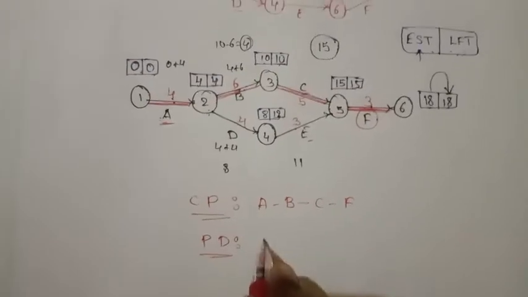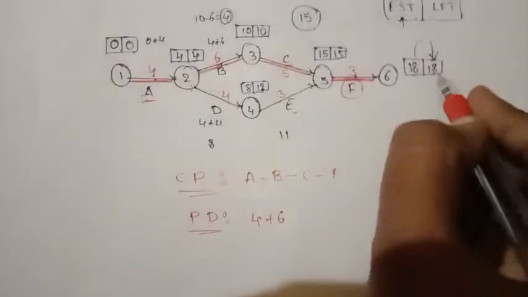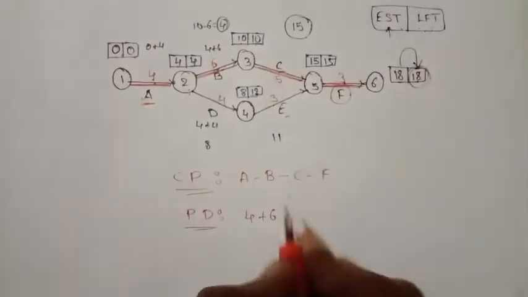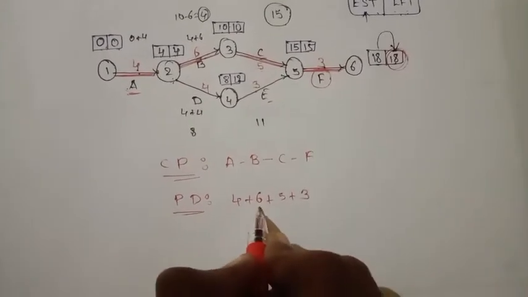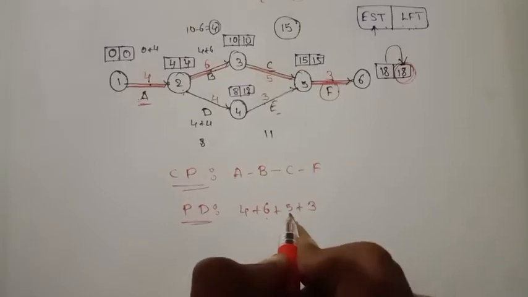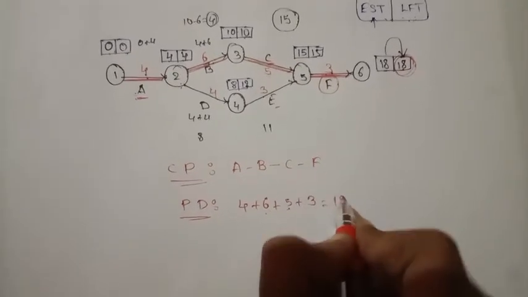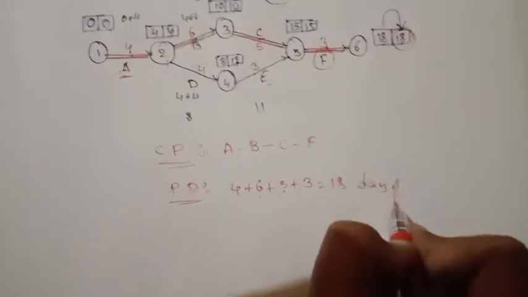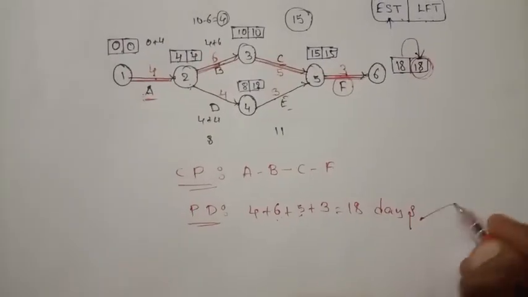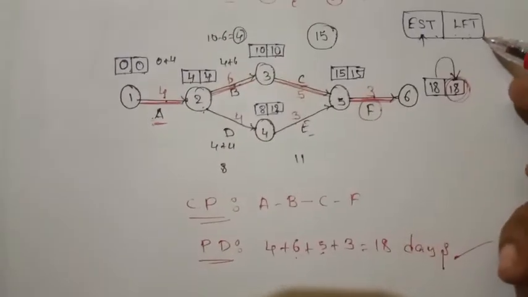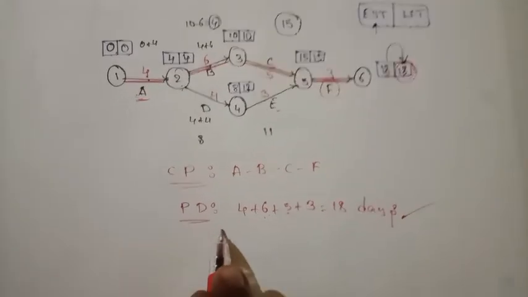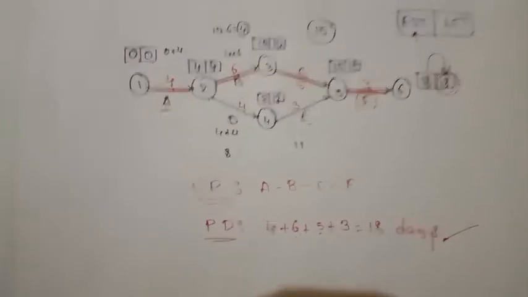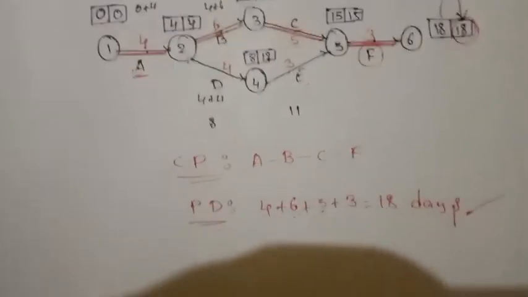If you add this, you should get 18 days. 4 plus 6 is 10, 10 plus 5 is 15, 15 plus 3 is 18 days. So finally we have got our EST and LFT value the same as our project duration time. So our CPM problem is completed, guys.